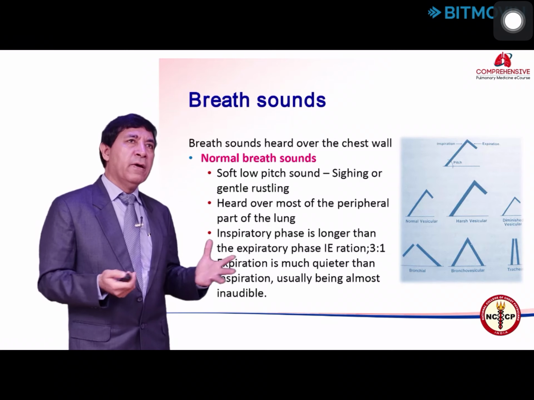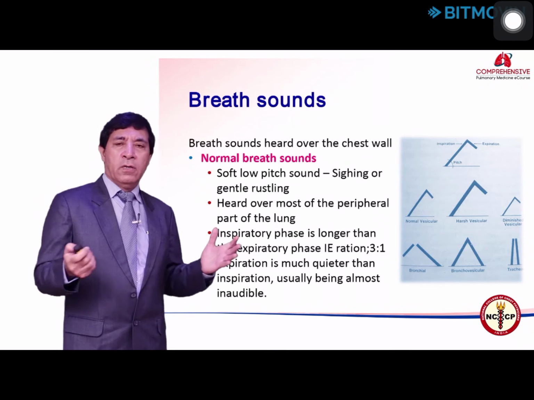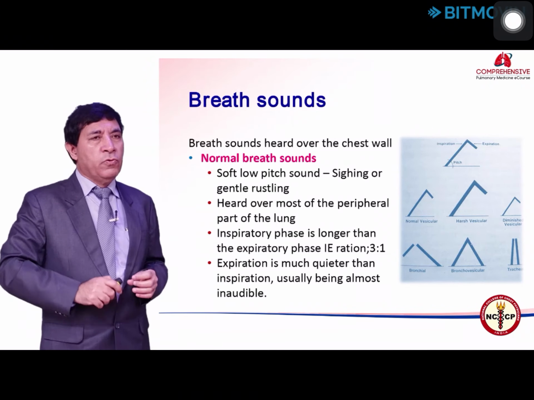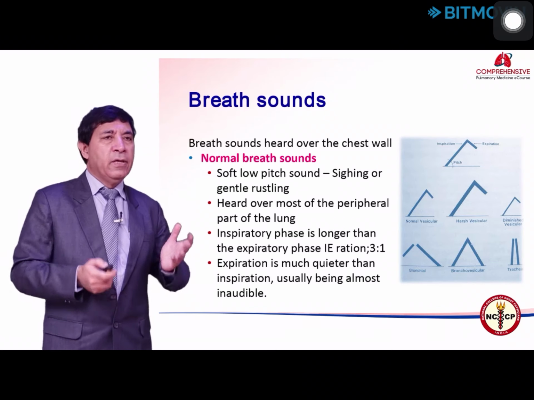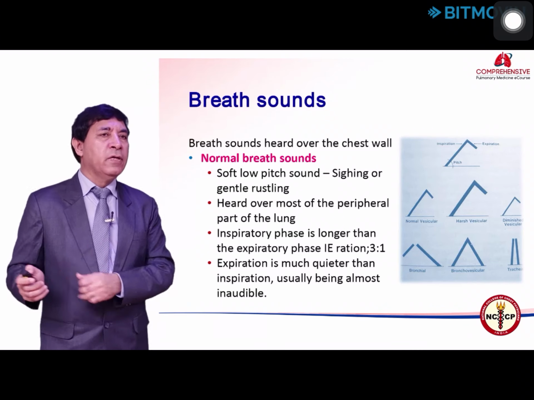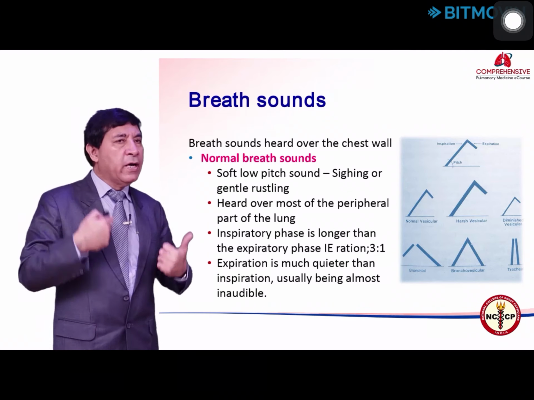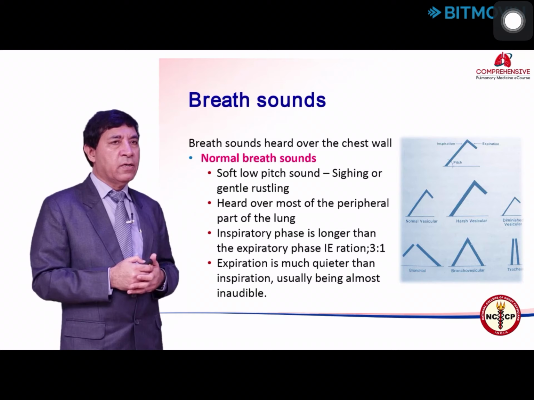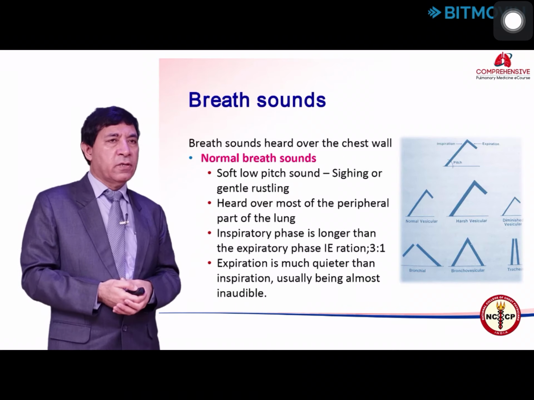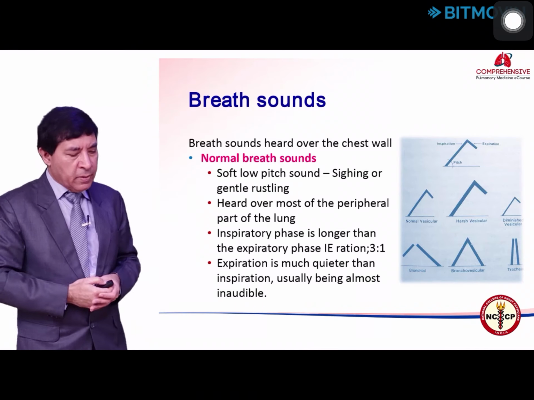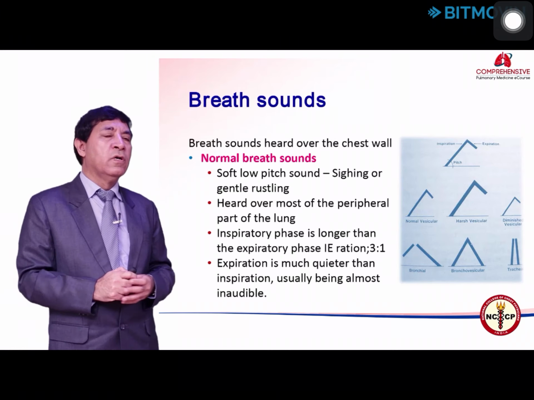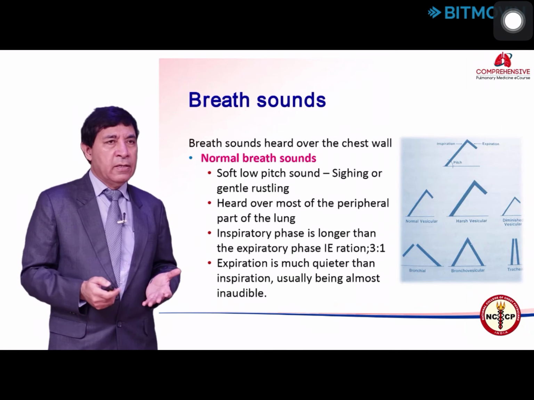Normally our inspiration to expiration ratio is 1:2. So we take half the time in breathing in as we take in breathing out. That means in less time we take in the breath, so our flow rates are much higher during inspiration than during expiration. So the turbulence, which is the mechanism for producing this sound, will be much higher in inspiration than in expiration.